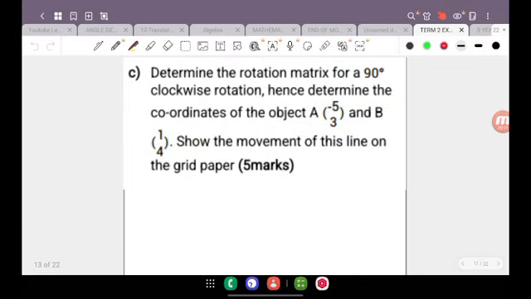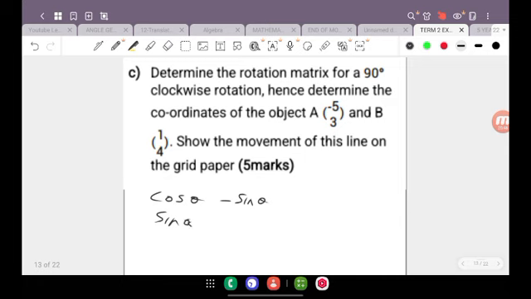Now if you can check out my rotation video as well, you'll see the thumbnail on the screen here. The rotation part 1 video will explain to you what is a rotation matrix. And so the rotation matrix for any angle of rotation can be determined by the formula cosine theta, minus sine theta, sine theta, cosine theta.